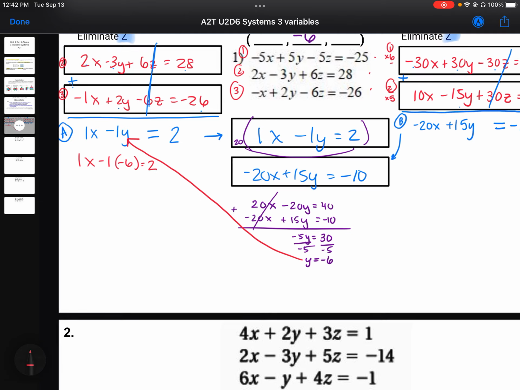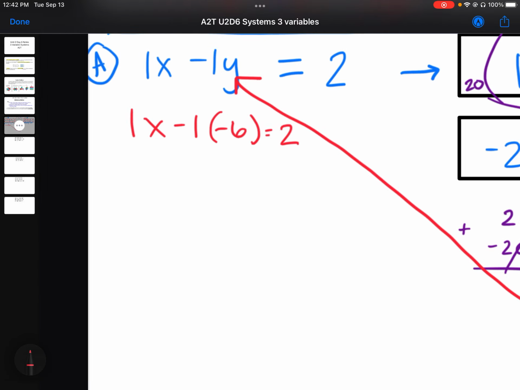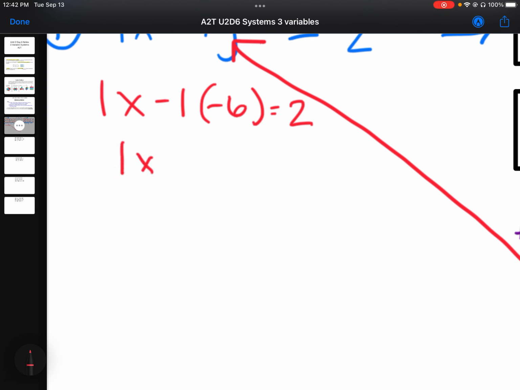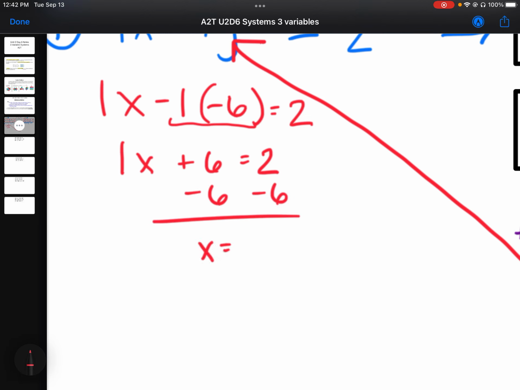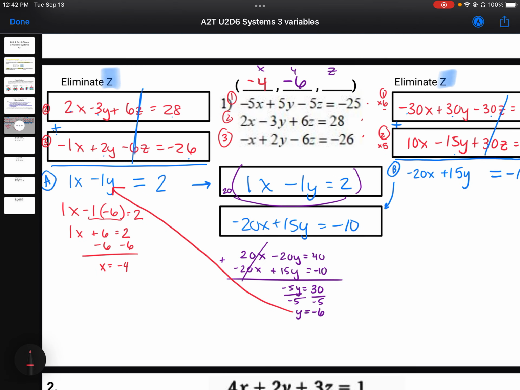I want to plug it into equation either A or B because those ones only have 2 variables. So I have 1x, negative 1 times negative 6 is plus 6, equals 2, minus 6 on both sides, x equals negative 4. All right, we need one more part of our answer.